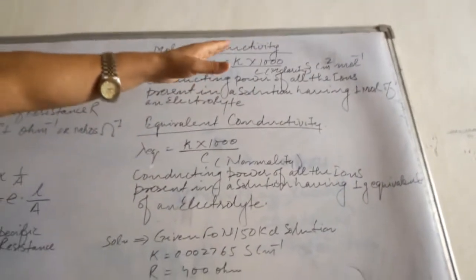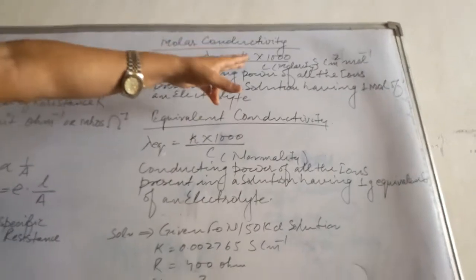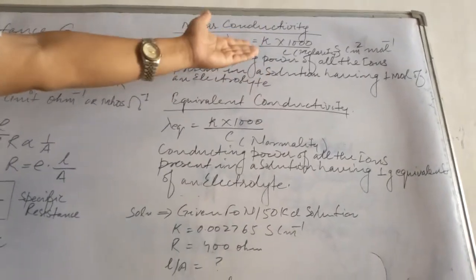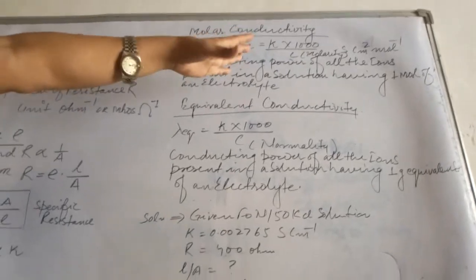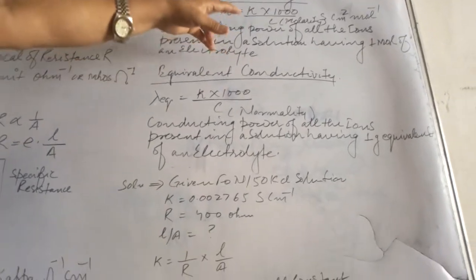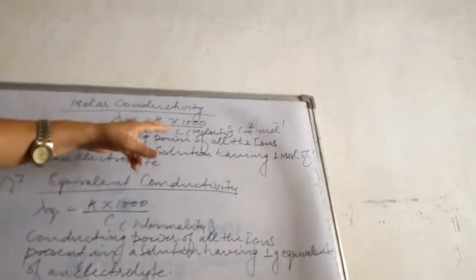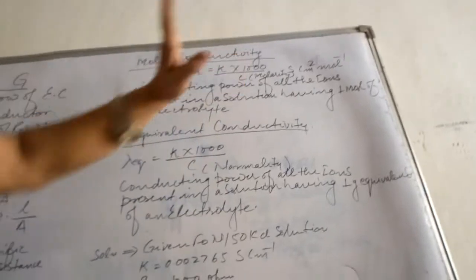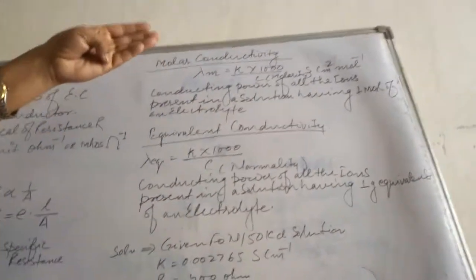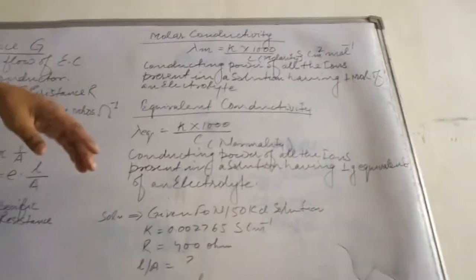We can say lambda m is equal to kappa into 1000 upon C, where the volume of electrolyte should be in liter or in ml. Its unit is Siemens centimeter square mole inverse.